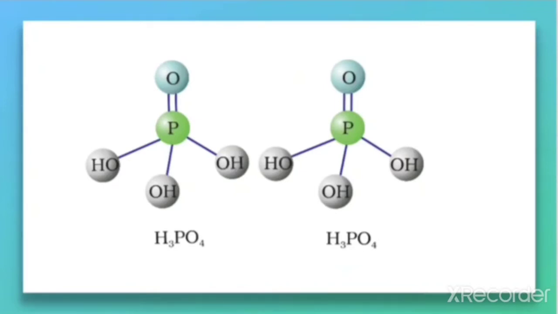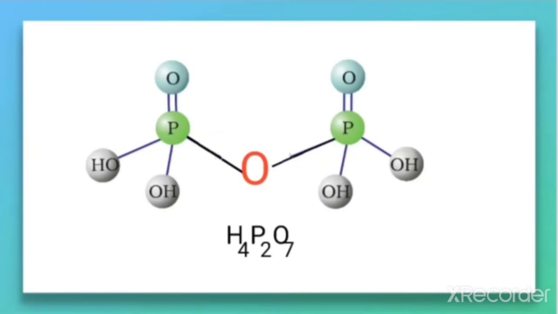From this, make a box for H of one and OH of the other. That means remove water from here. When you remove water, one O will be remaining. Now this structure is the structure for H4P2O7, that is called pyrophosphoric acid. So we made a new structure here.